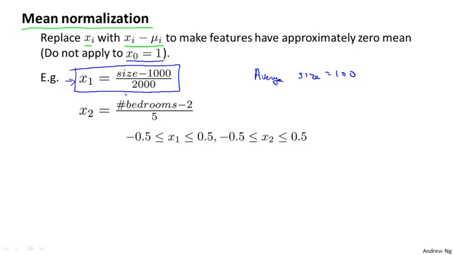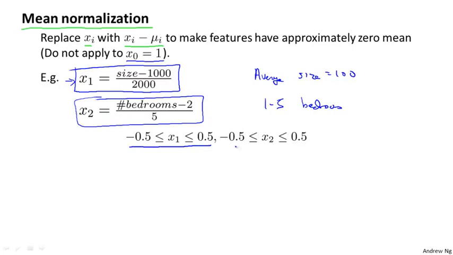And similarly, if your houses have 1 to 5 bedrooms, and on average a house has, say, 2 bedrooms, then you might use this formula to mean normalize your second feature x2. In both of these cases, you wind up with features x1 and x2 that can take on values roughly between -0.5 and +0.5. It's actually not true. x2 can actually be slightly larger than 0.5, but close enough.